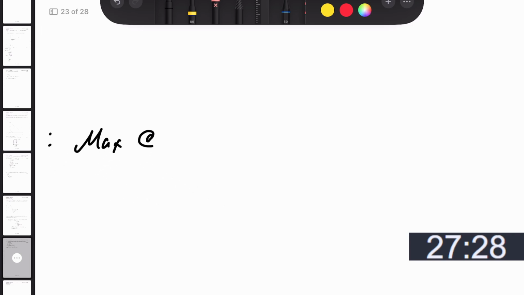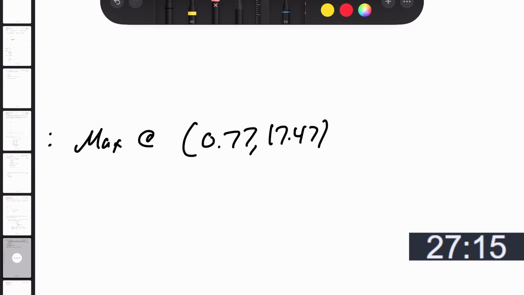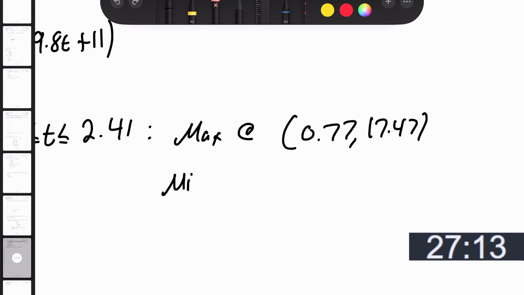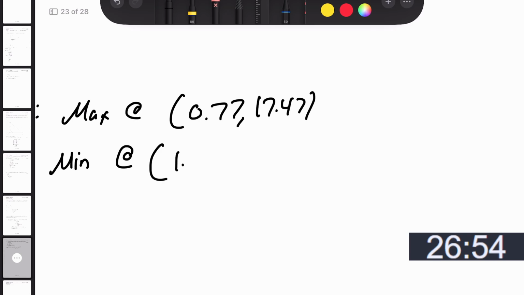So maximum is at 0.77 and 17.47. And I'll say minimum at 1.47 and then negative 17.47.